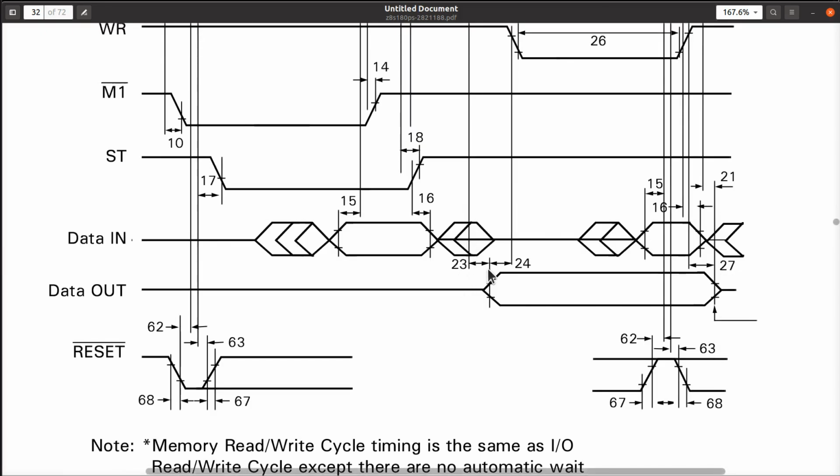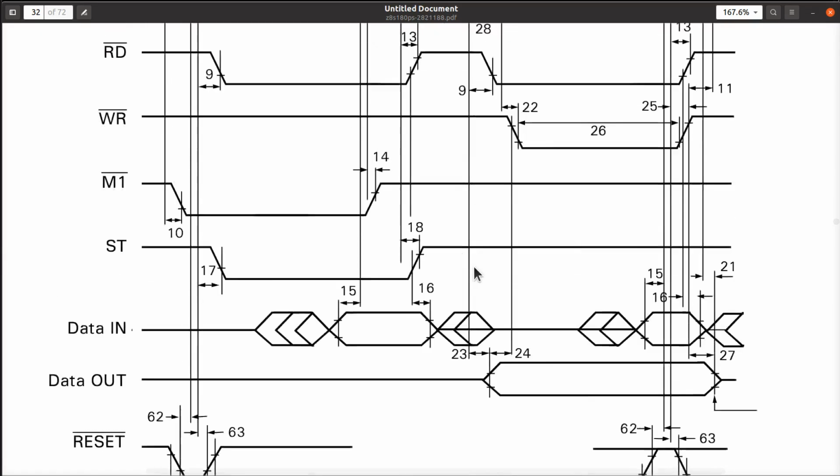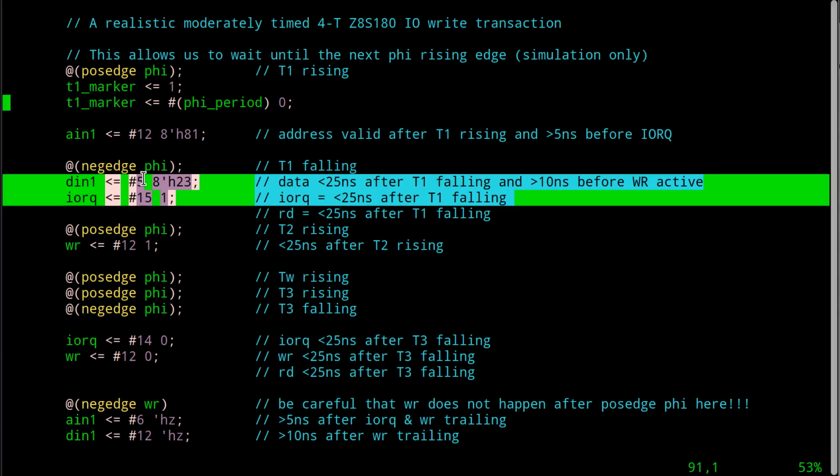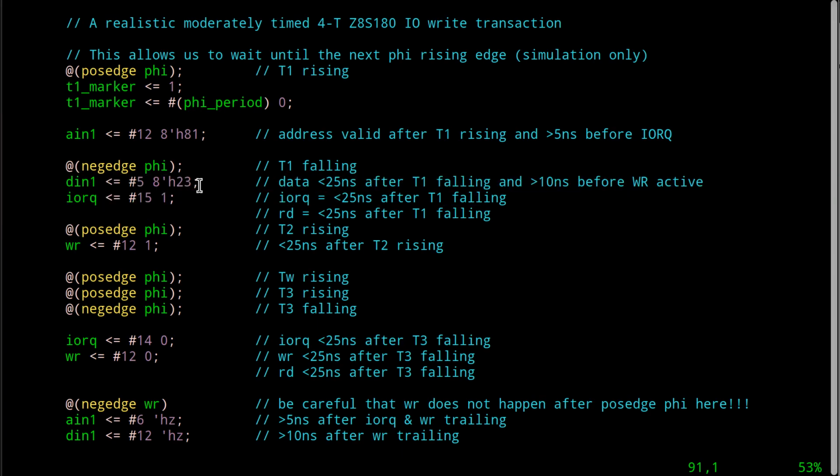On the cheat sheet, it says less than 25 nano after the falling edge of T1. So this technique is arguably very obvious in this scenario, kind of what's going on. So on the negative edge of phi 1, 5 nano into the future, do this.